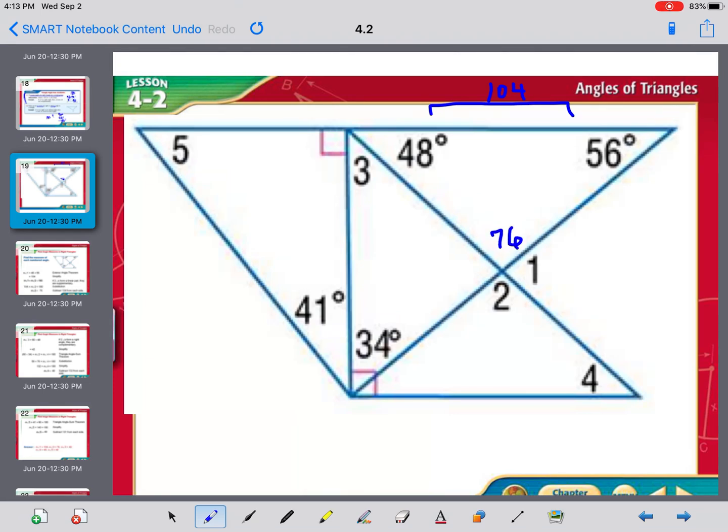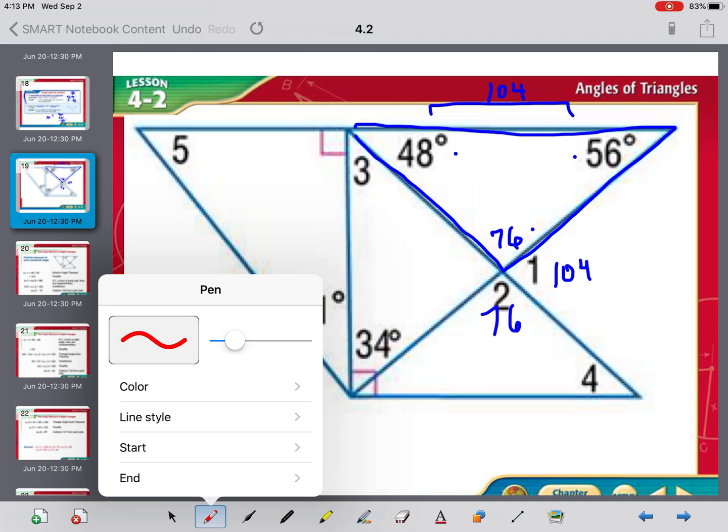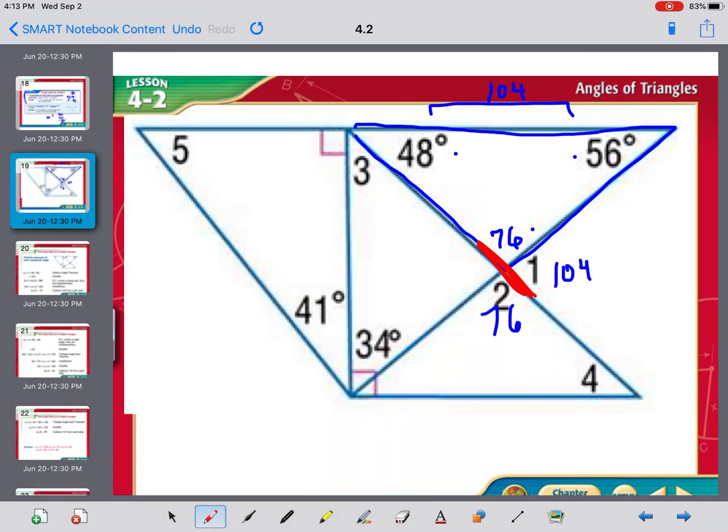But I see that those two have a total of 104. So that means this is 76, because in this triangle, they've got to add up to 180. So if the two here make 104, that leaves 76 for this, which means this is 76, and that's one of my numbered angles. Yay.